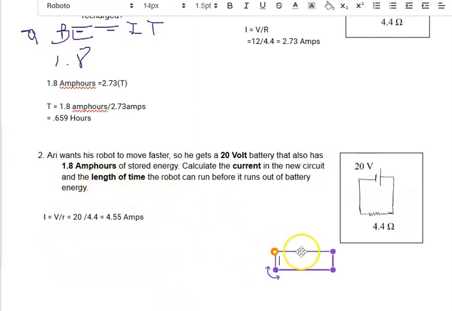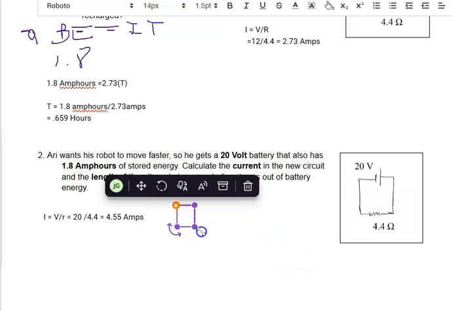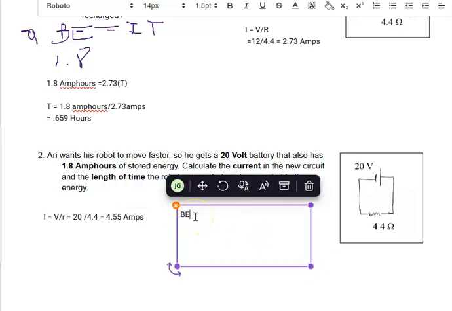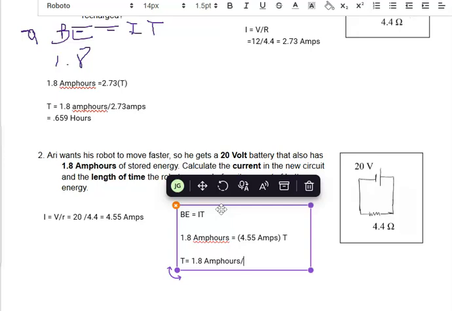So length of time is battery energy. Battery energy equals IT, and we have 1.8 amp hours equals the 4.55 amps times the number of hours. So we're going to divide both sides by 4.55, and the time is 1.8 amp hours divided by 4.55 amps.